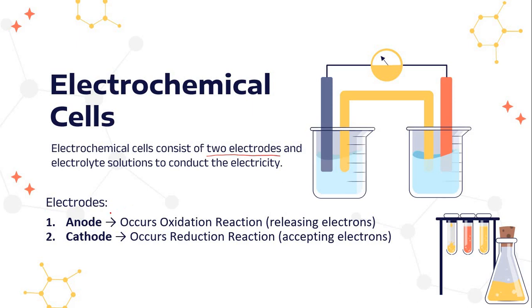In chemistry, the electrodes are known as the anode and the cathode. The anode in an electrochemical cell is an electrode where the oxidation reaction occurs, which is the releasing of electrons. The cathode is an electrode where the reduction reaction occurs, which is the reaction of accepting electrons.